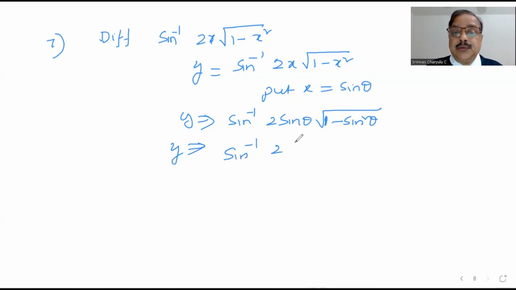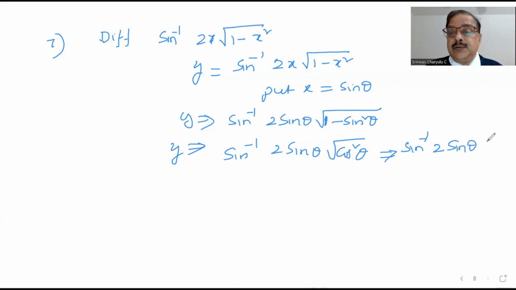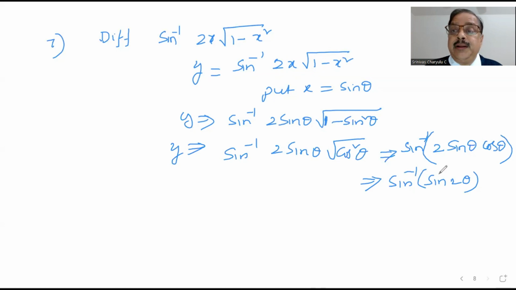Sine inverse 2 sine theta root of cos square theta, which is cos theta. So this will become sine inverse sine 2 theta. 2 sine theta cos theta is called sine 2 theta. So trigonometry you should remember like anything. This is all called y. So y is equal to therefore 2 theta, because sine inverse and sine get cancelled. 2 into theta is 2 sine inverse x.